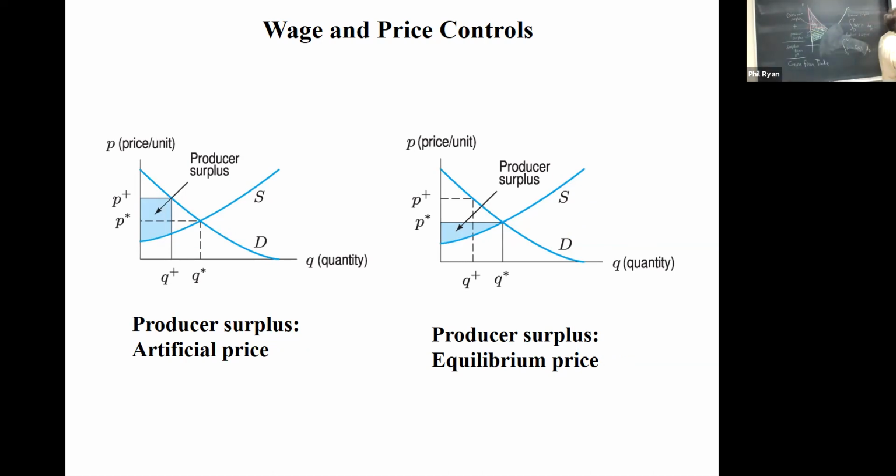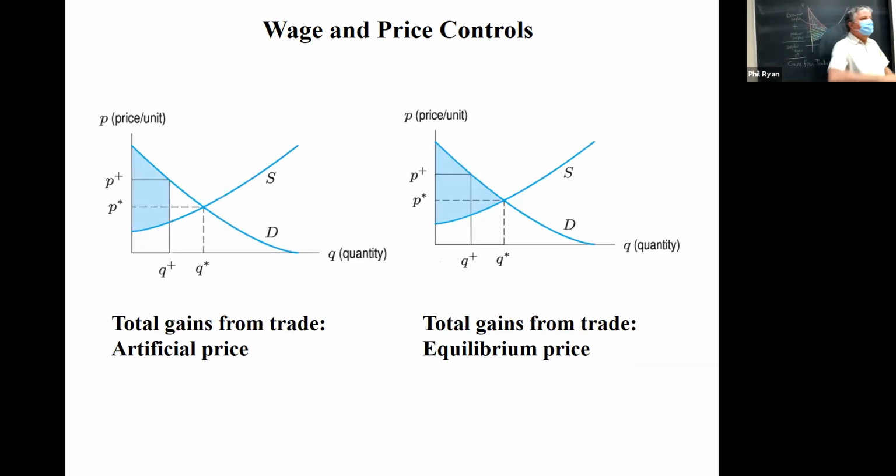So it's the area between whatever the price is and the supply curve. And the gains from trade is going to be the integral between 0 and however much the market distributes, of the difference between the demand curve and the supply curve.